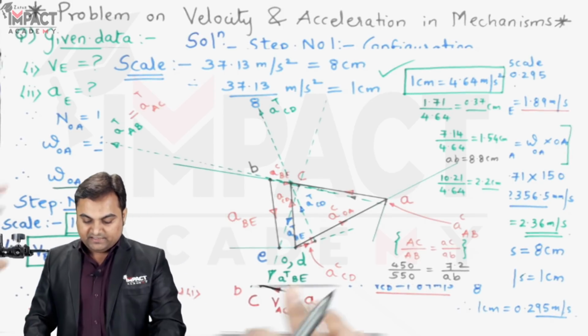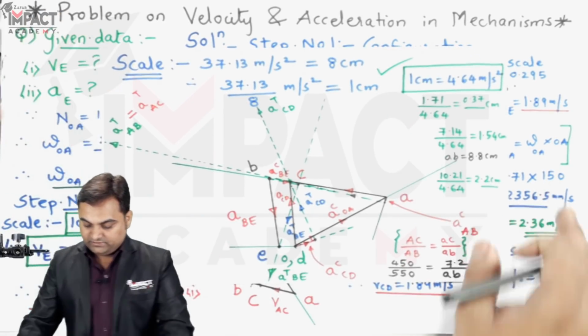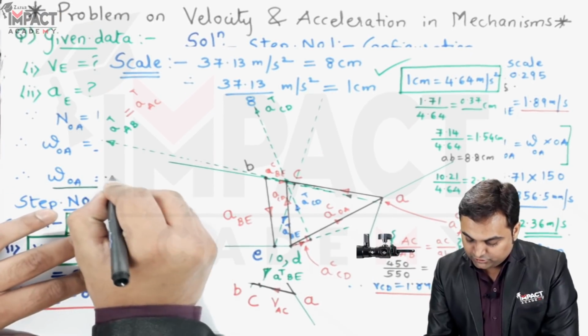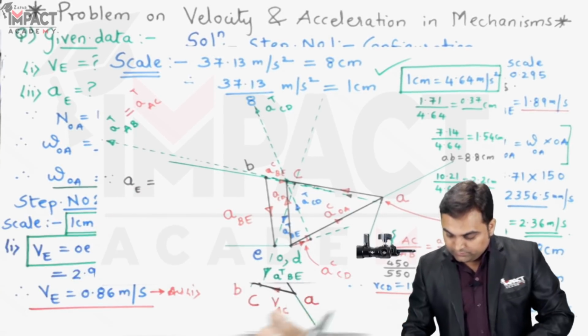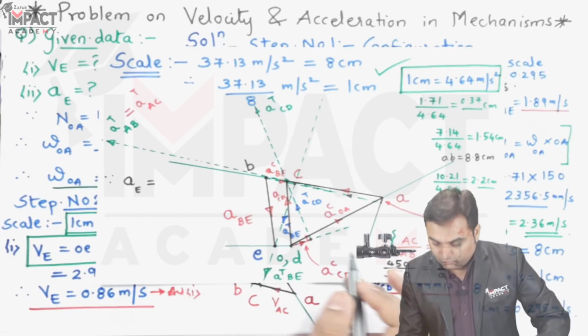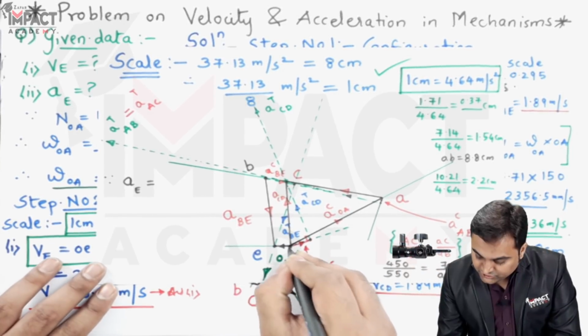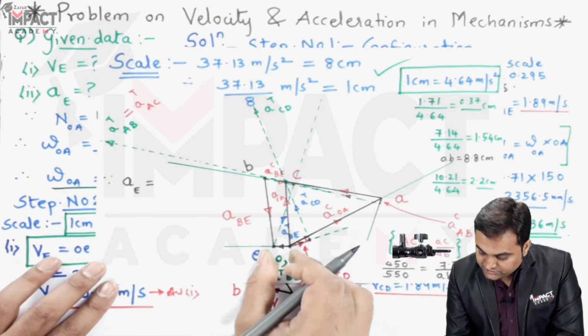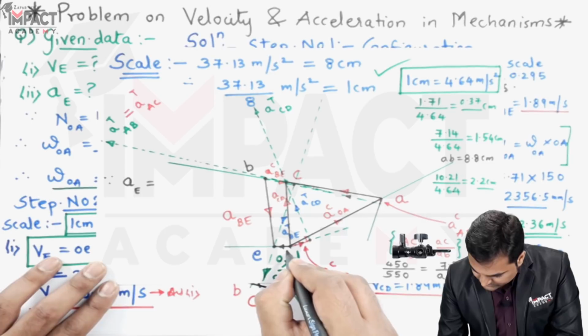Now in the question they had asked us to find the acceleration of slider E. So the acceleration of slider E will be equal to this horizontal distance OE, which shows the acceleration of the slider.